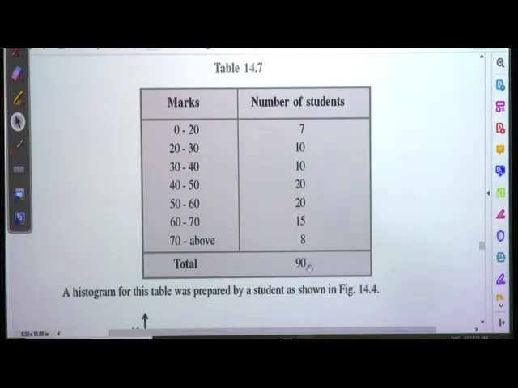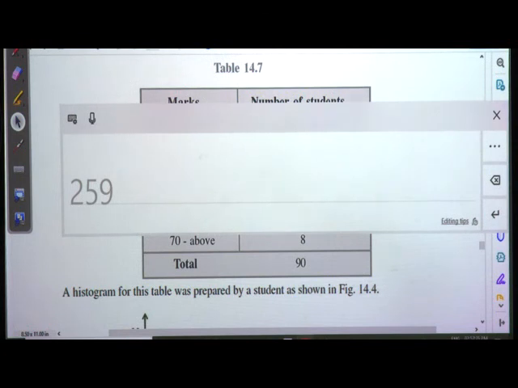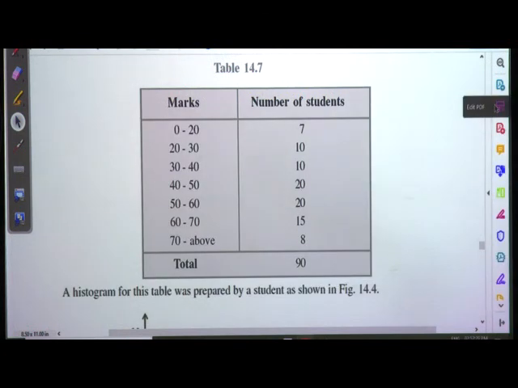Total number of students is 90. Now we shall do one thing.